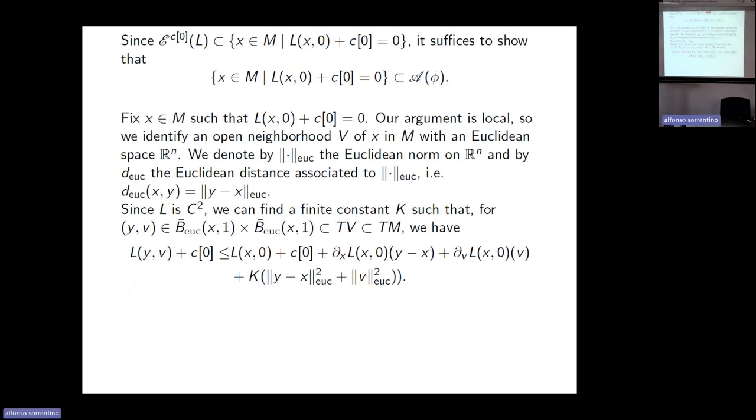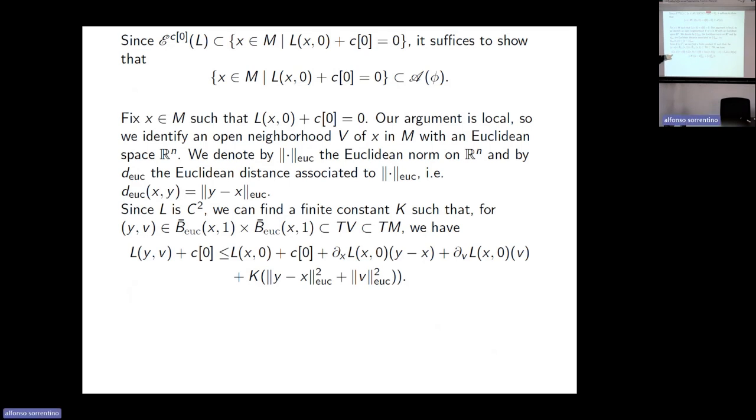Okay, so I can write a first order Taylor development if I restrict to the compact set, the product of the Euclidean ball of center x of radius 1 with itself, with a remainder which is bounded by k times the distance squared between the two points.